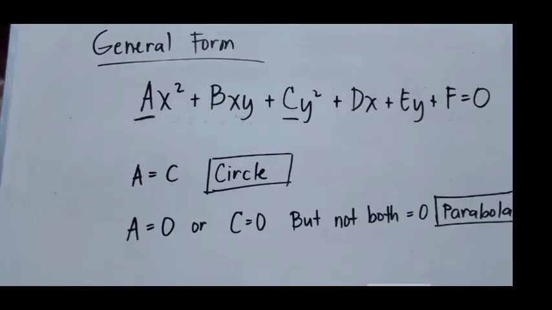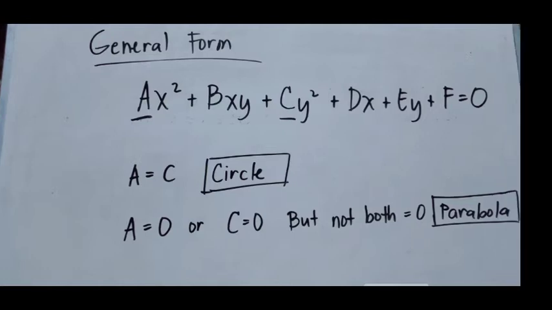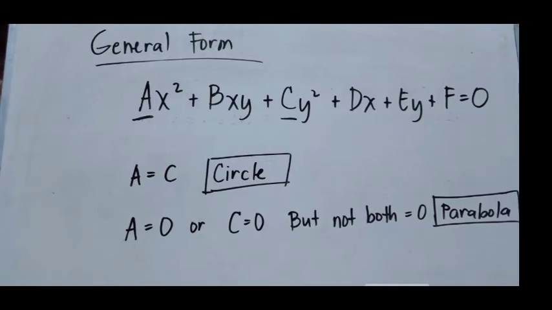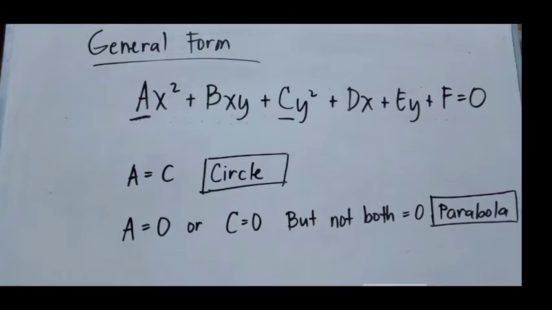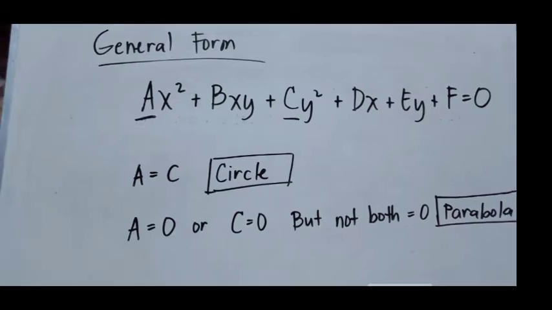If a is equal to 0 or c is equal to 0, but not both of them are equal to 0, or shall I say, if either ax squared or cy squared is missing, then that equation forms a parabola.